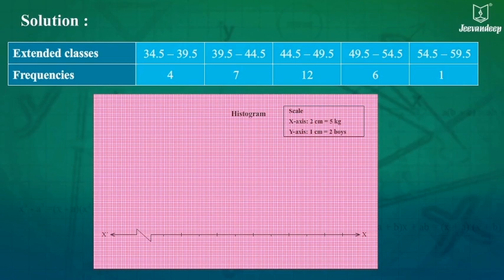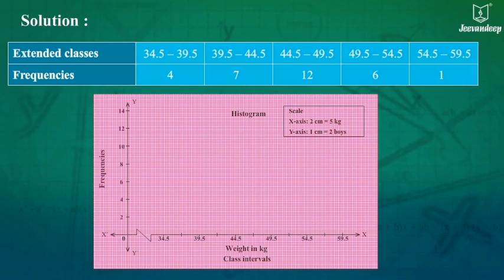Note: the crink mark given on the x-axis near the origin represents a fold in the graph paper. X-axis: 2 centimeters equals 5 kilograms. Y-axis: 1 centimeter equals 2 boys. Take extended class intervals, that is, weight in kilograms in this case, on the x-axis.